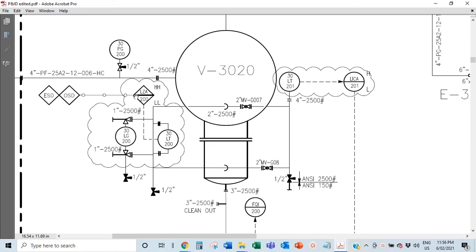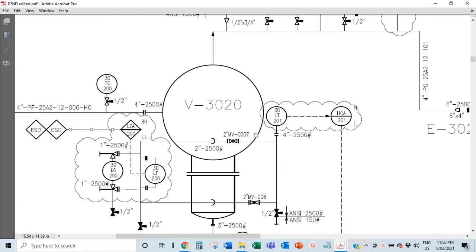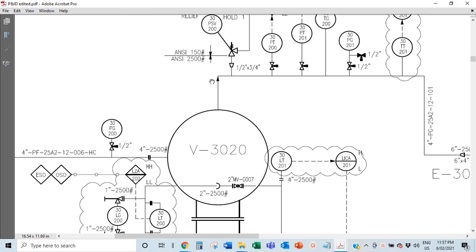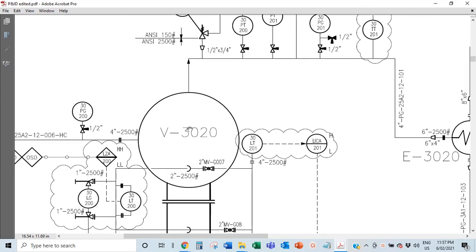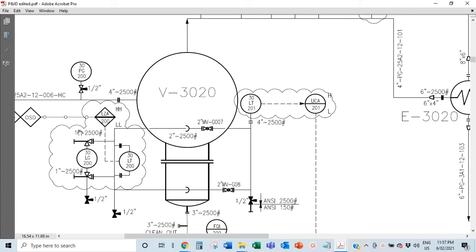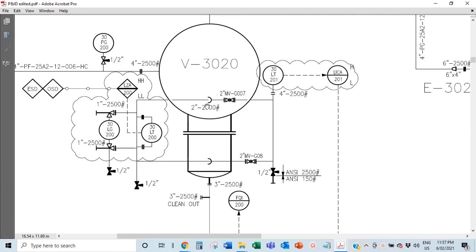Then you also have your transmitters all around the vessel, just to protect that vessel, to make sure we are at the normal operating temperature, operating pressure. And all these are localized on this vessel.